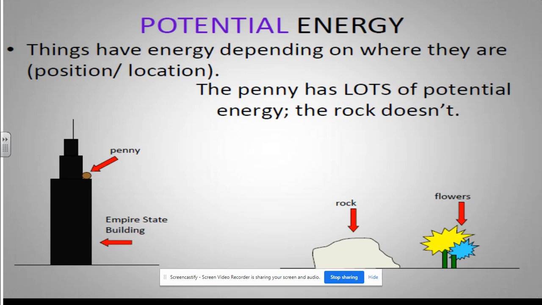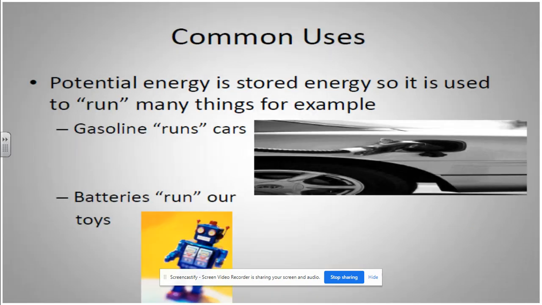A penny sitting on the top of a very high building, like the Empire State Building, has a lot more potential to fall and move than a rock that's already sitting safely on the ground. So the higher an object is, the more potential it has to move, therefore the more potential energy it has.